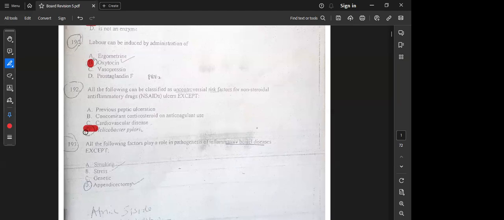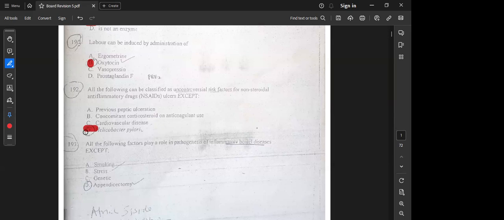A minute, for question 192. I think we're ignoring the part about NSAIDs. How will cardiovascular disease lead to ulcers when using NSAIDs? That's what Patrick was explaining.